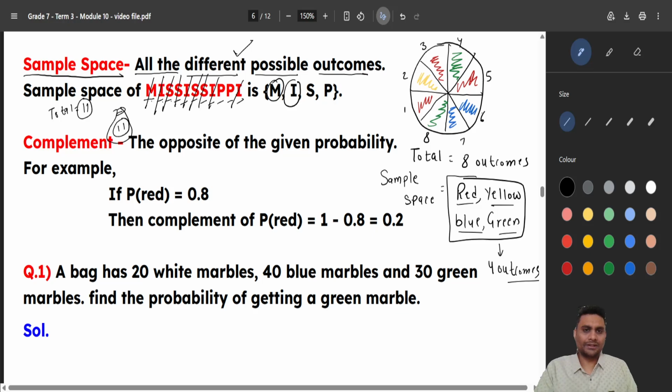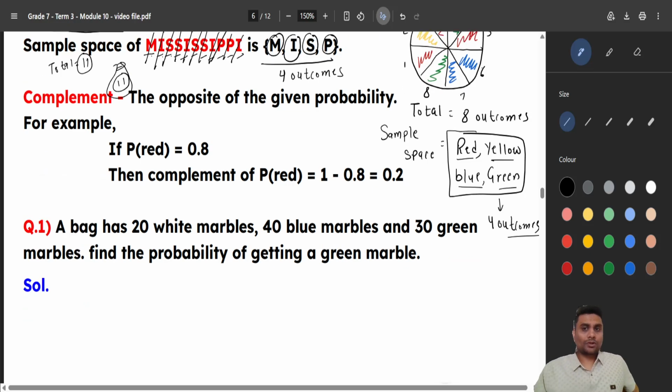I will cross out all the S. That is the third outcome. And finally I have P. So only 4 different types of cards are there inside the bag. So the sample space is M, I, S, P, only 4 outcomes. Okay, so remember what a sample space is.